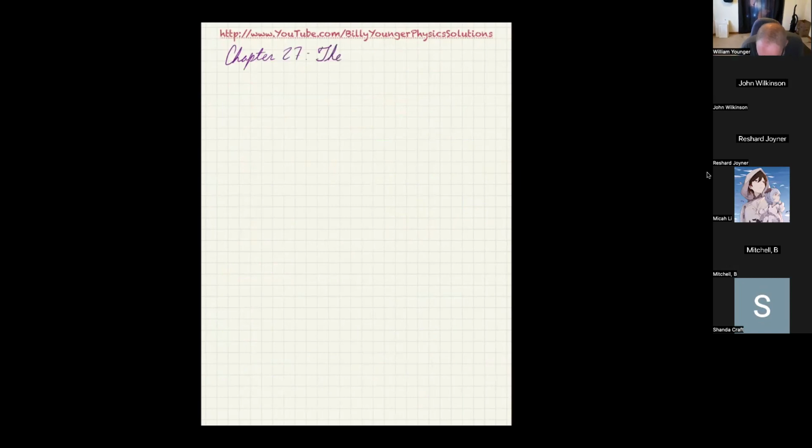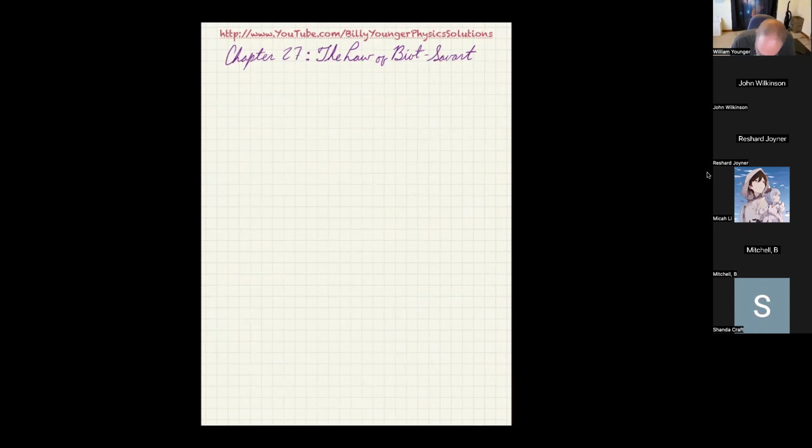So this is going to be called the law of Biot-Savart. That's just a section within 27. 27 is called sources of magnetic fields, but I'm starting off with a different section.